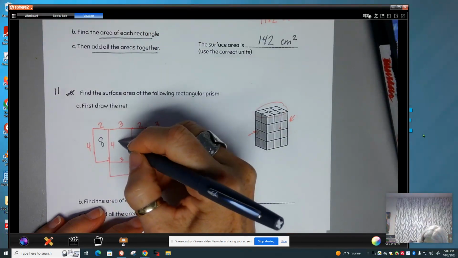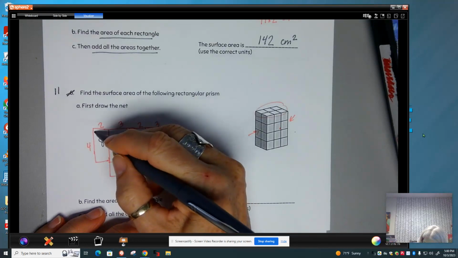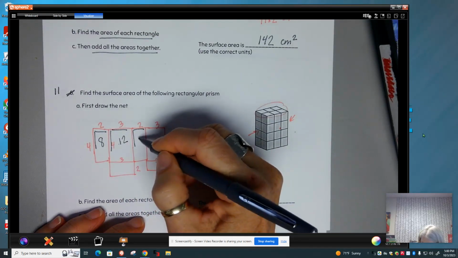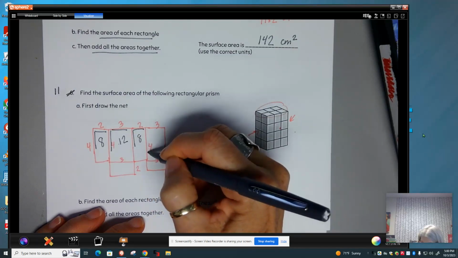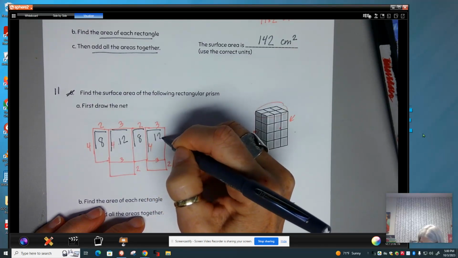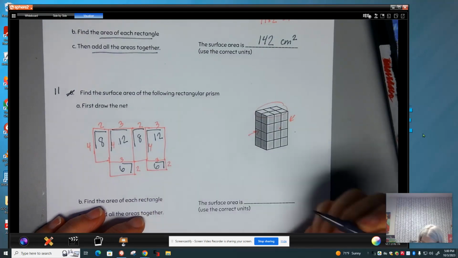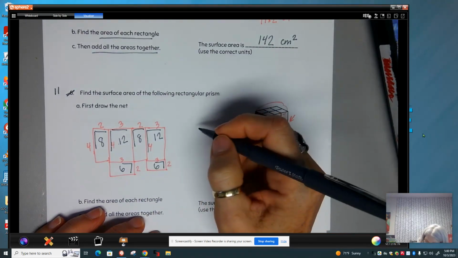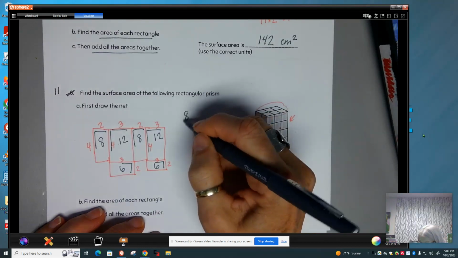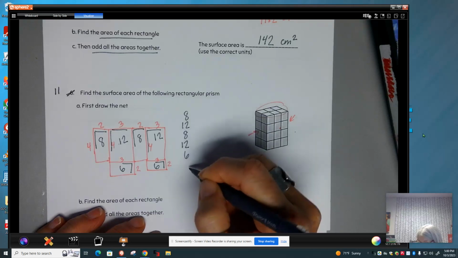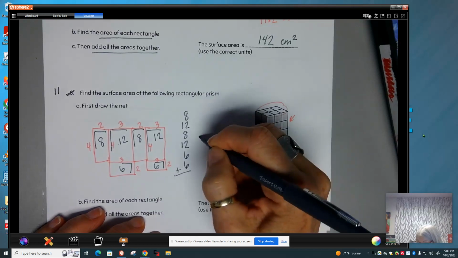This is 8. This is 12, right? 4 times 2, 4 times 3. This is 8 again, 4 times 2. This is 4 times 3 again, so it's 12. 3 times 2 is 6, and 3 times 2 is 6. You can do it as 8 plus 12 plus 8 plus 12 plus 6 plus 6.